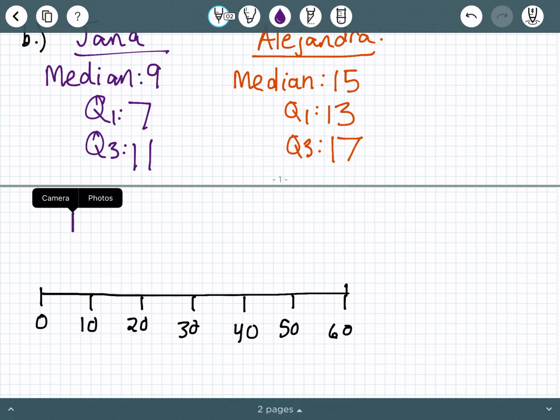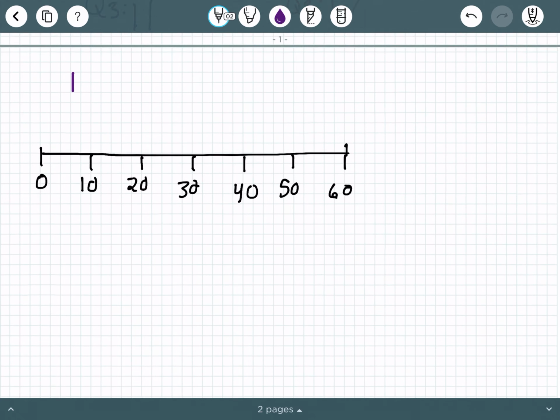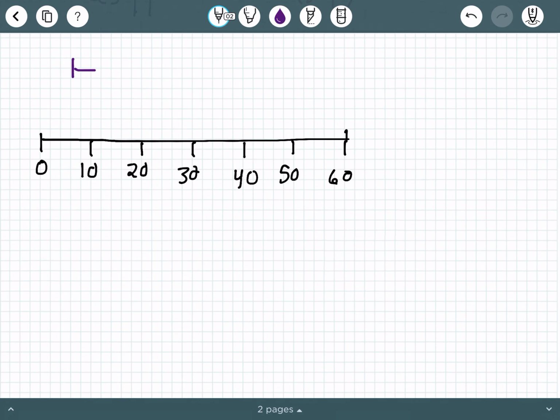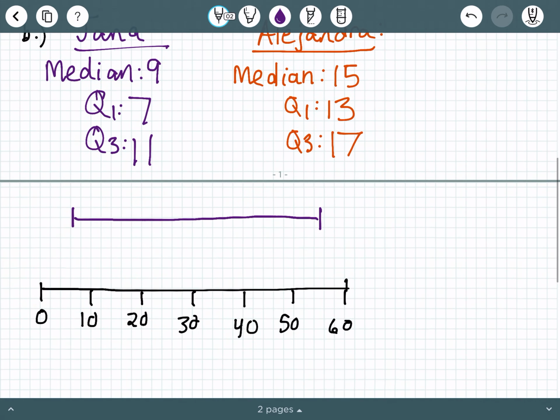So 6 is going to go all the way up to 55, which is going to be halfway between 50 and 60. So right there.